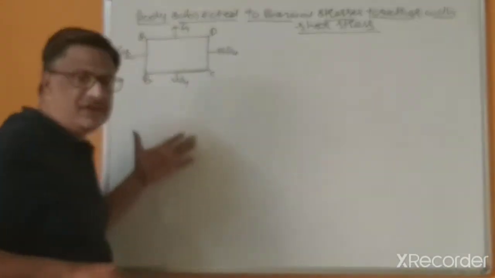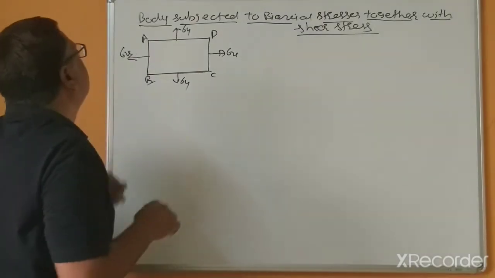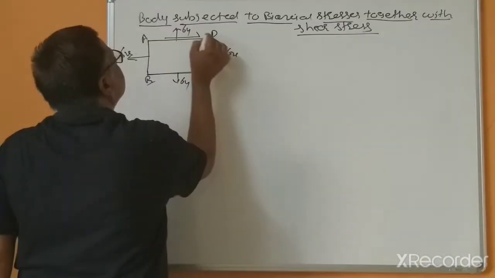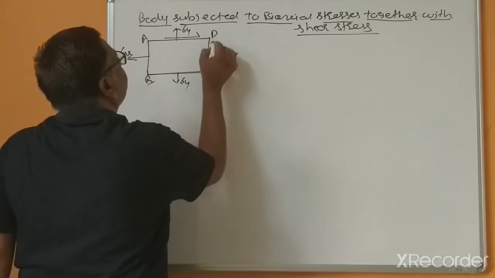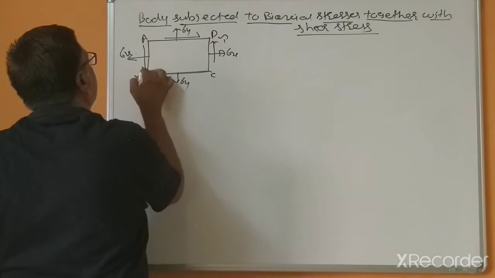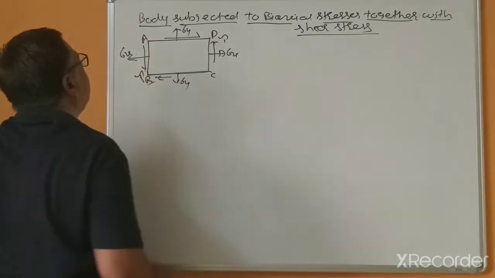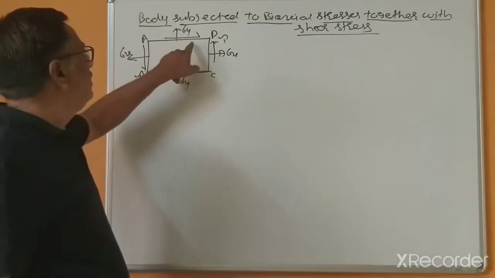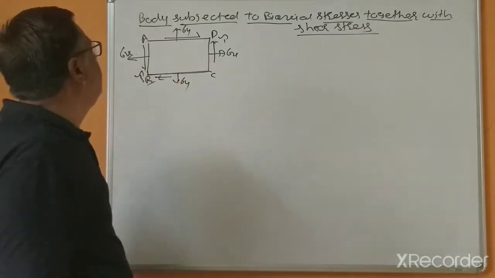In this case we consider both positive, and this is shear stress. Shear stress acts on the AB and BC planes, and on the AD and DC planes.